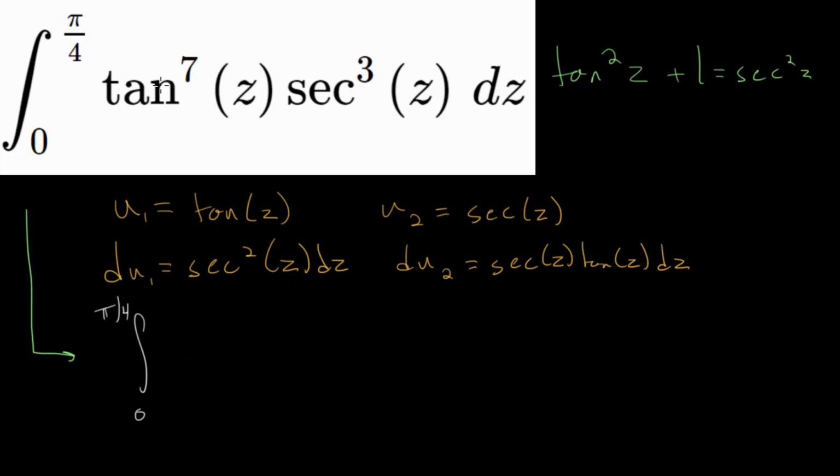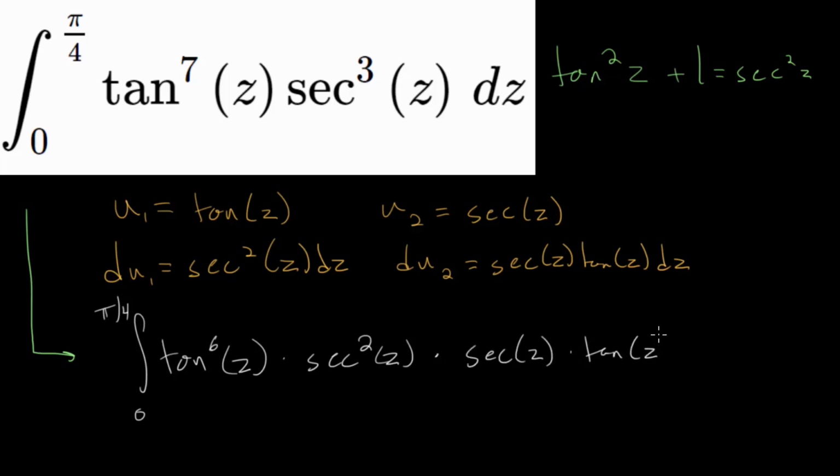We're going to remove one tangent and one secant from these terms. So we'll have the tangent of z to the 6th power multiplied by the secant of z to the 2nd power, and then we'll have our secant of z multiplied by the tangent of z.